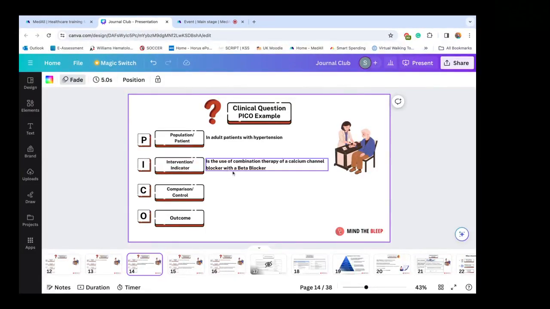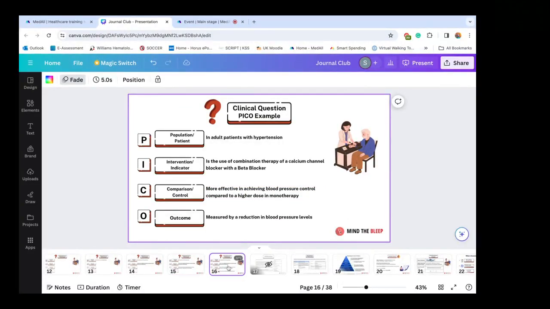That's the intervention. The comparison or the control group, in this case, we're doing a comparison because we're increasing his amlodipine. That's what we would put for C. You want to see if it's effective in reducing the blood pressure. And the outcome is basically measured by a reduction in blood pressure levels.